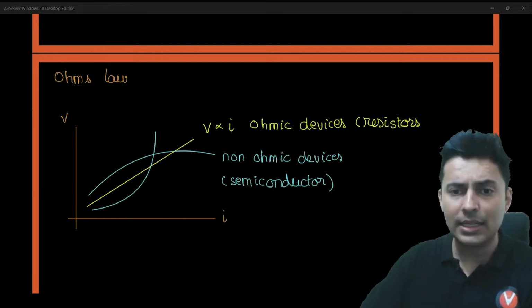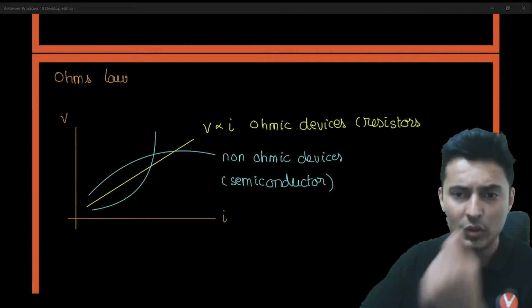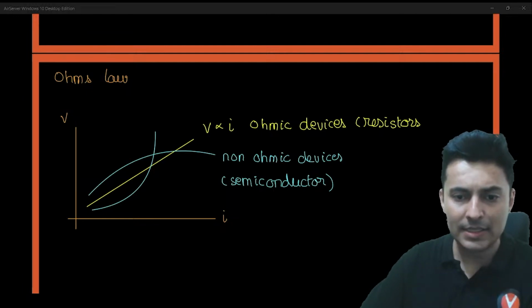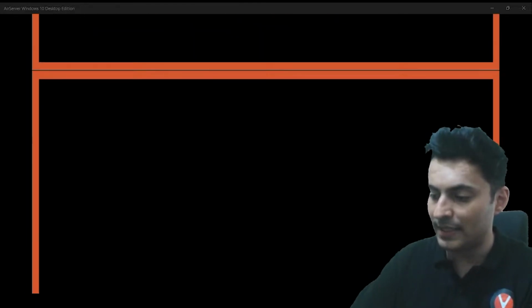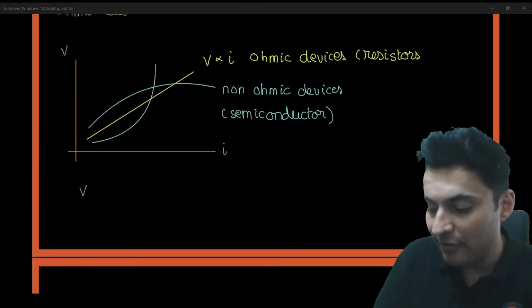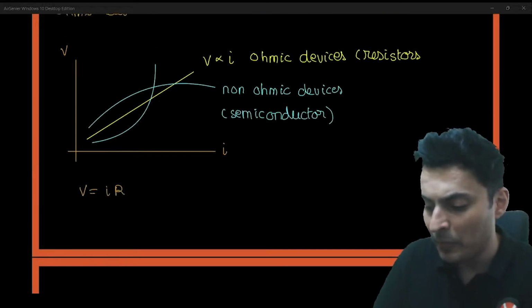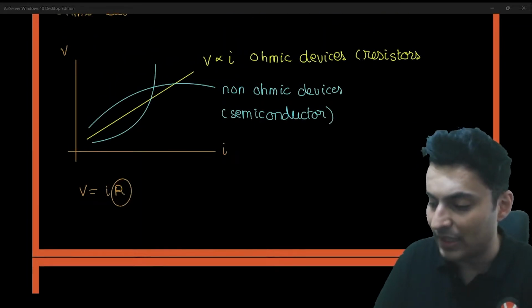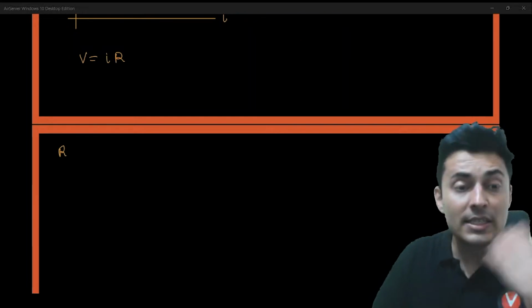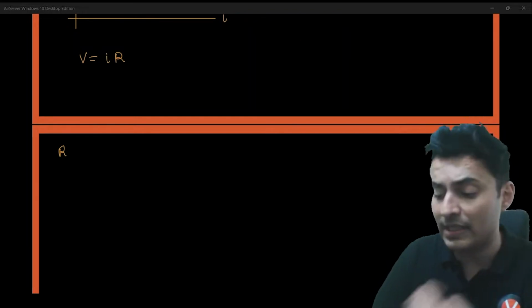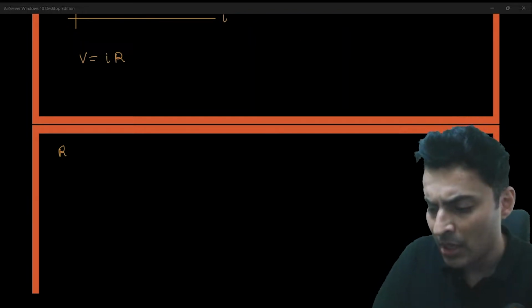another graph which you should also know is the resistance graph, because V is equal to IR gives me the definition of resistance. How much is the resistance? How does resistance depend on different things like length, area, temperature?